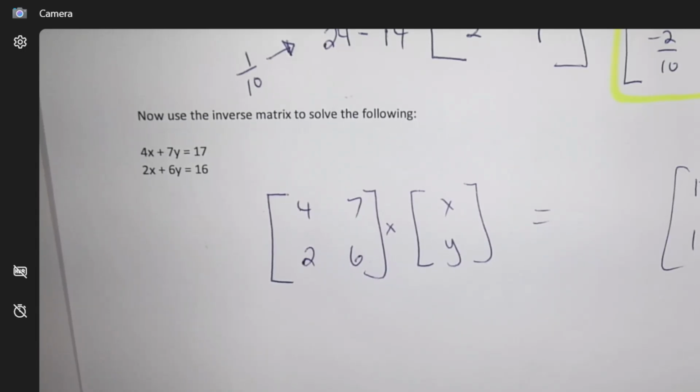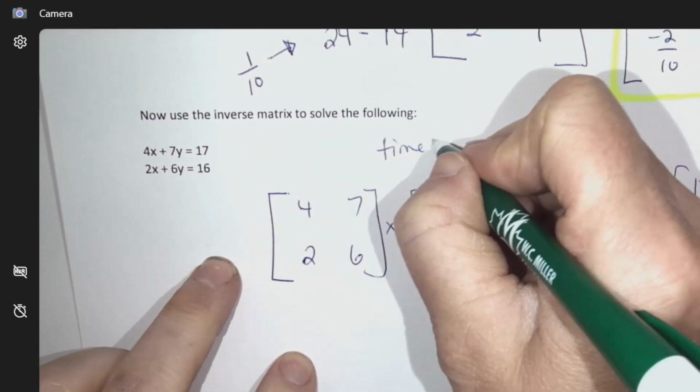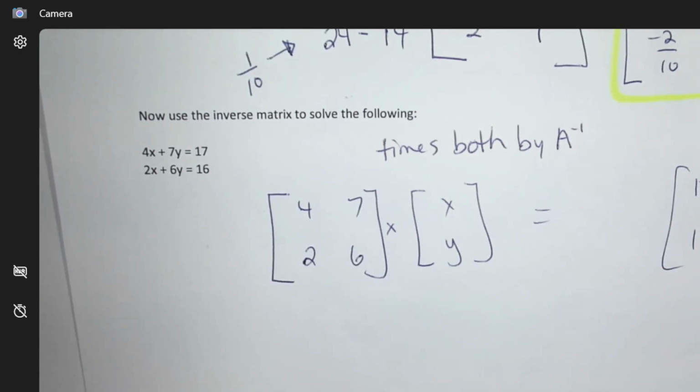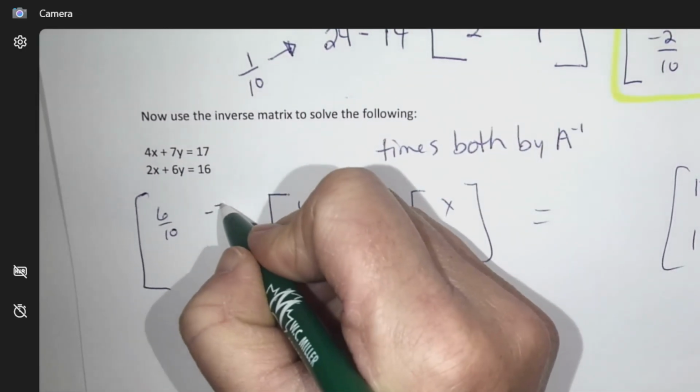Okay, now here's what we're going to do. In math, we can manipulate algebra if we do something to both sides. So I'm going to times both sides by the inverse.